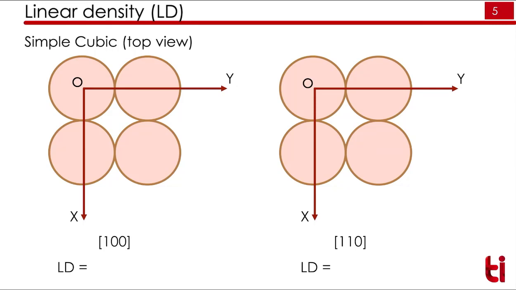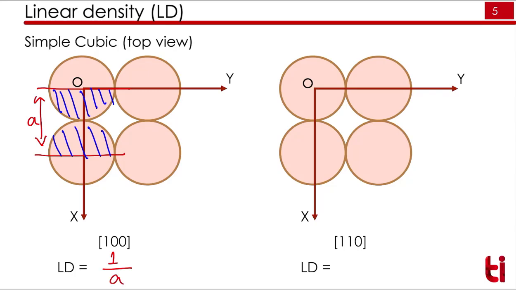If you take the center of this atom to the center of this one, we call this a, that is the unit length. Number of atoms, I will shade in another color. So half from this atom and half from this atom. Total number of atoms is equal to 1, divided by unit length a.